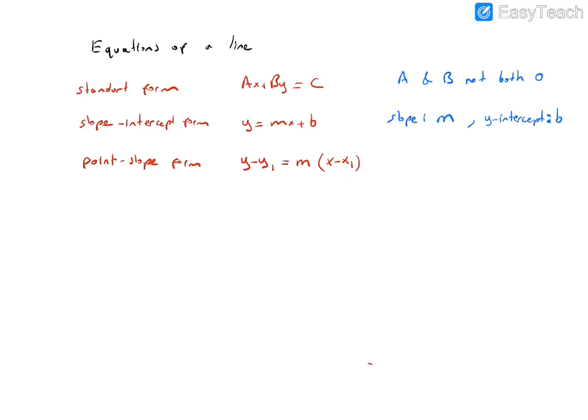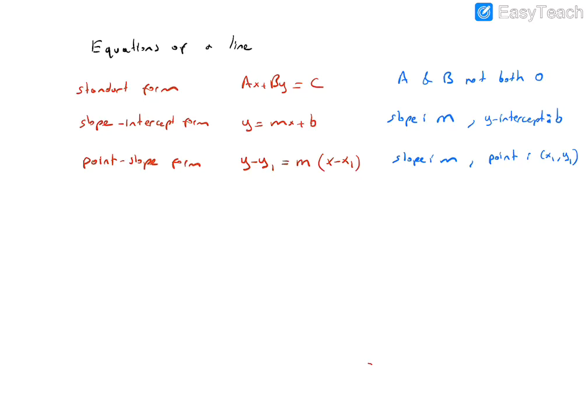Here m is the slope again, and (x1, y1) is a point on the line. So if you know the slope and some point on the line, you can easily write the equation of the line using this form. If you know the y-intercept and the slope, you can use the slope-intercept form. This is the standard form.